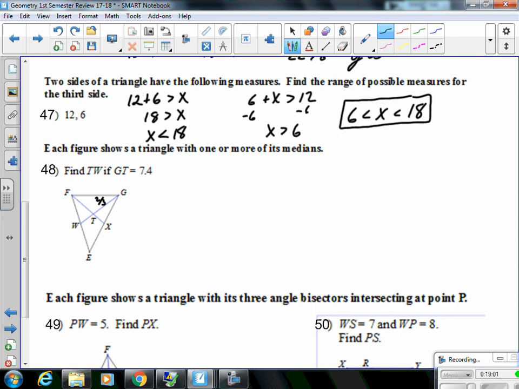And we're trying to find TW, which would be 1/3 of GW. So we can use GT to find GW. So 7.4 for GT would be equal to 2/3 of GW, which we can divide by the 2/3, which is the same as multiplying by 3/2.